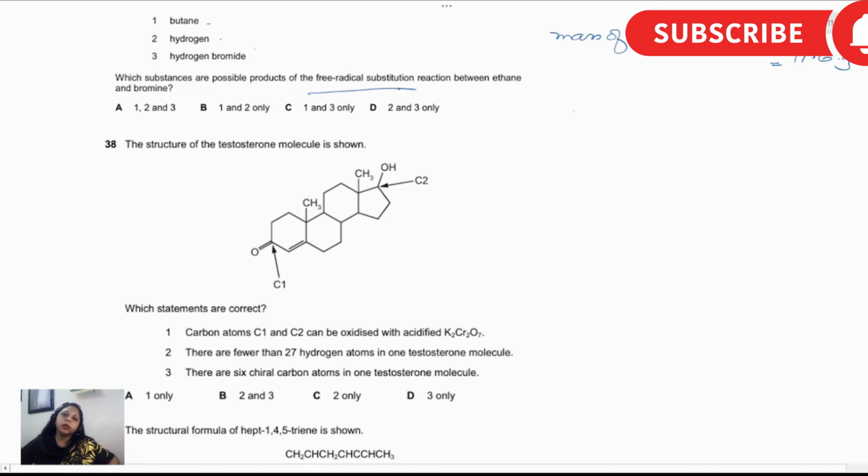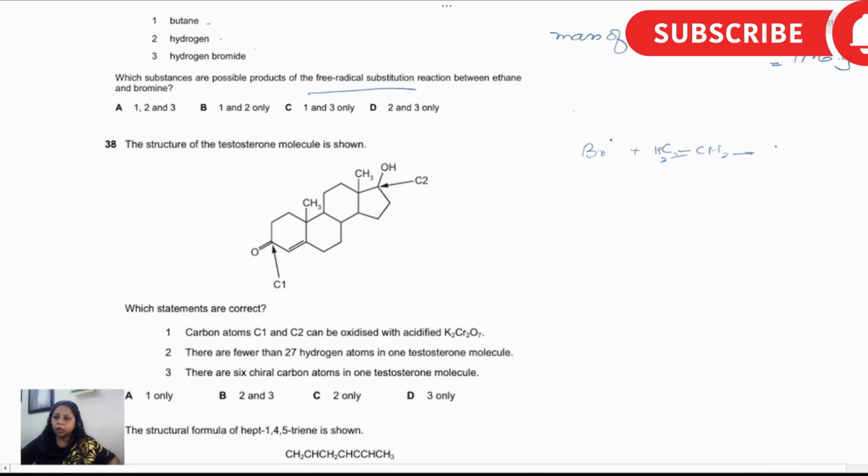So they have already given us bromine, so I'm not going to write the initiation. We have the bromine free radical, and it is going to react with ethane. I'm writing only the propagation.